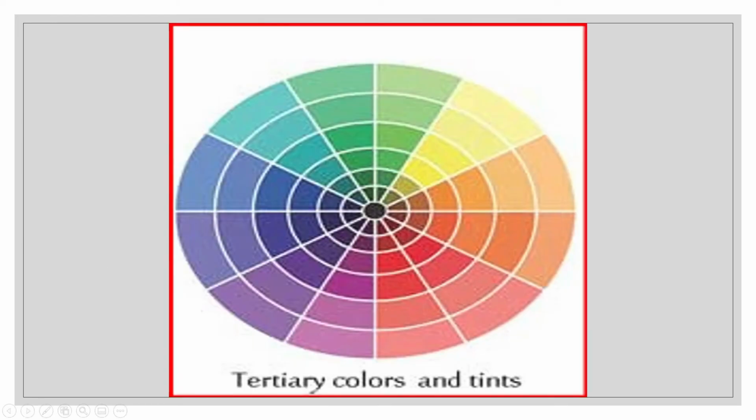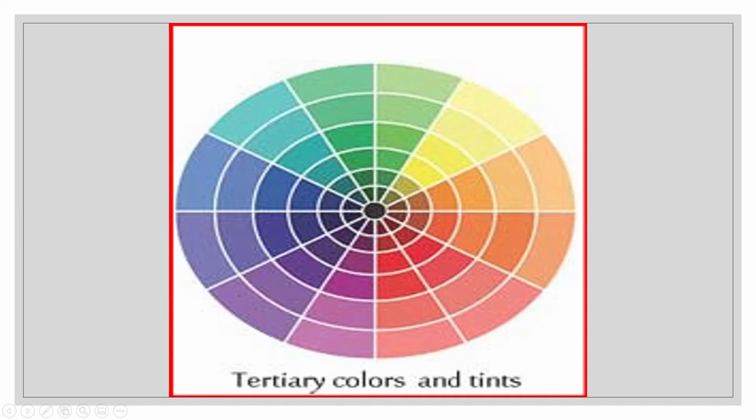Let's see. What's in the middle of the blue and the green? It's blue-green, right? Blue is the primary. The secondary color is the green. So, when you mix the two, it becomes blue-green.